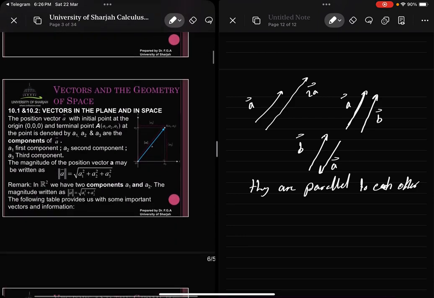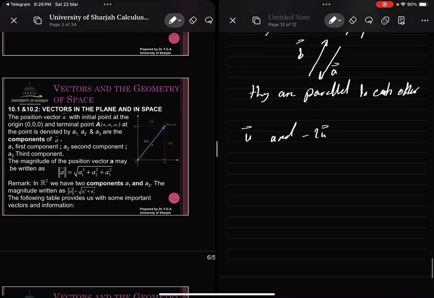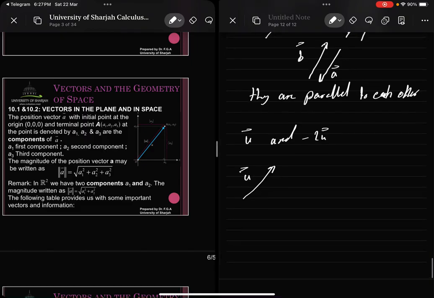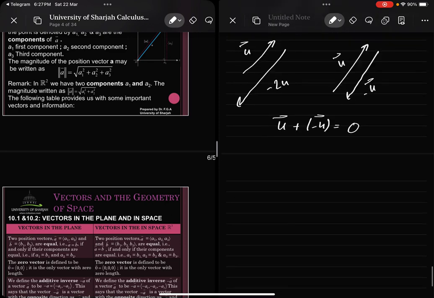If we have U and -2U, they are in opposite directions. If we have U and -U, the resultant will be 0, because U plus -U is 0.